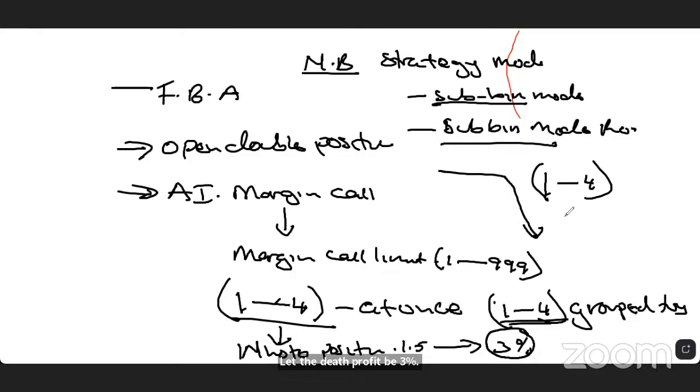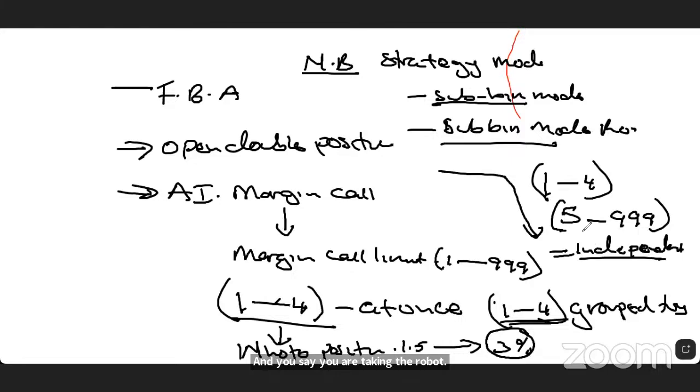But the rest of the calls from the fifth to 999 margin calls, let each be independent. You are telling the robot, I'll give the take profit of each from the fifth call to 999 calls. But for these first 4, let their take profit be either 1.5 or 3%, if your strategy mode is in sub-bin mode or sub-bin mode real-time settlement.